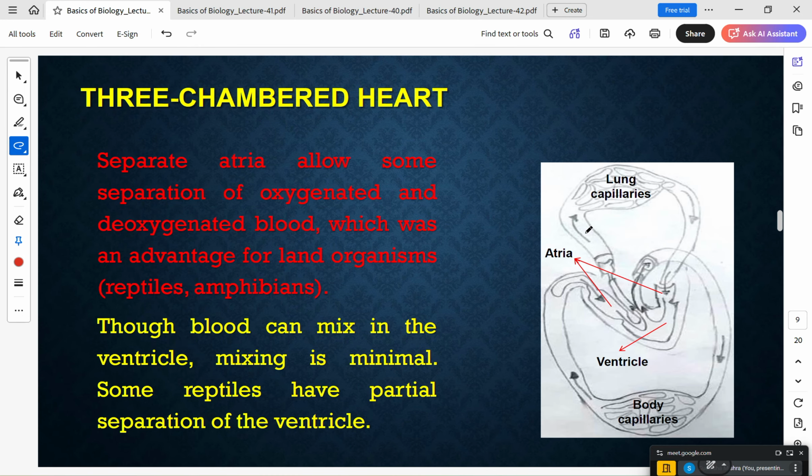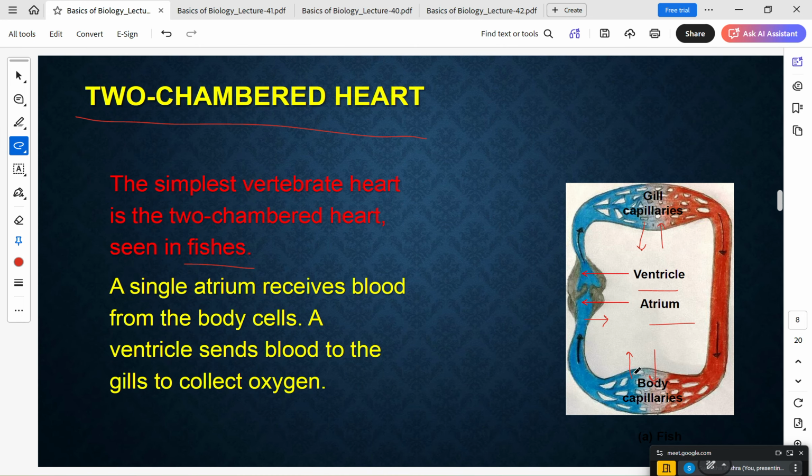Next is a three-chambered heart, where there is a separate atria that allows some separation of oxygenated and deoxygenated blood. Right now, at the body capillaries or at gill capillaries, there is not much of a distinction between deoxygenated and oxygenated blood. It's only the net difference that is going to lead to the exchange of carbon dioxide and oxygen.